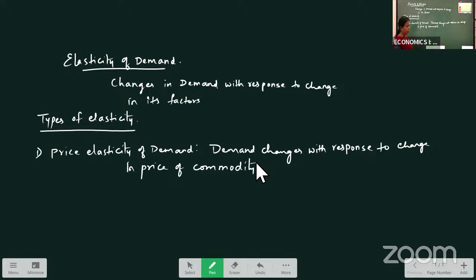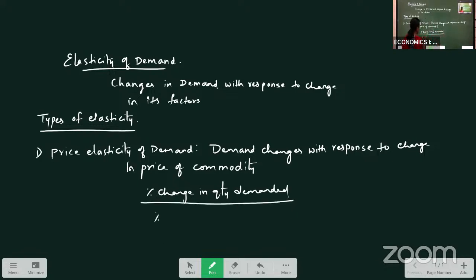Same like our price demand, but here demand is changing with responsiveness: price has increased, demand is decreasing. How much? That percentage we are calculating in elasticity of demand. So the formula for price elasticity of demand is percentage change in quantity demanded by percentage change in price of the commodity.